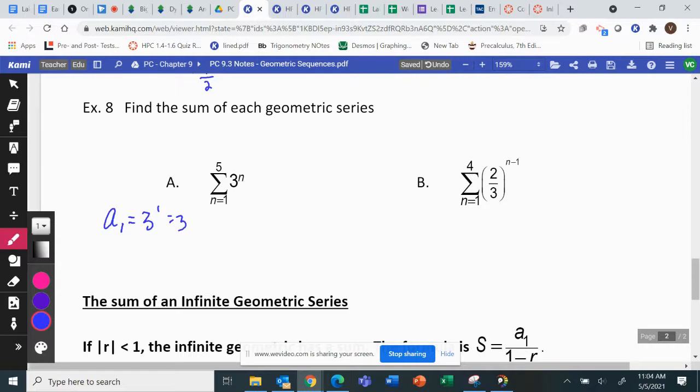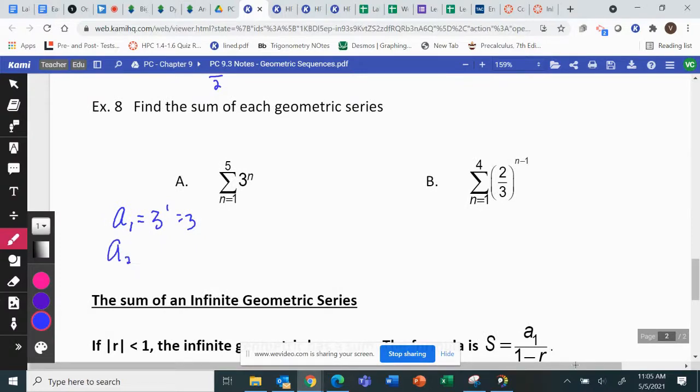From this, how do I find my rate? It's what's being multiplied exponentially, and it's the 3. So it's that number that's raised to the exponent. That's the rate. If you weren't sure, you could find the second term and then make a ratio of 9 over 3, and that gives us the rate.